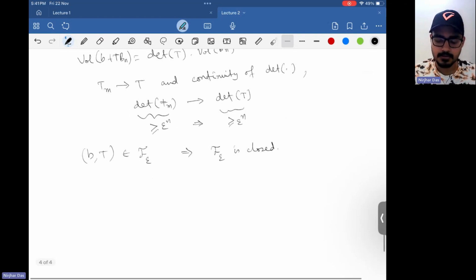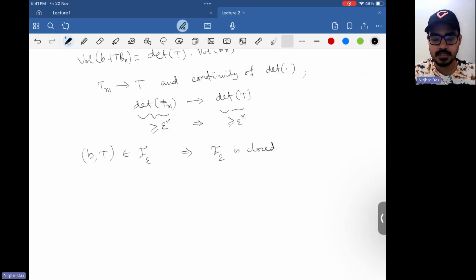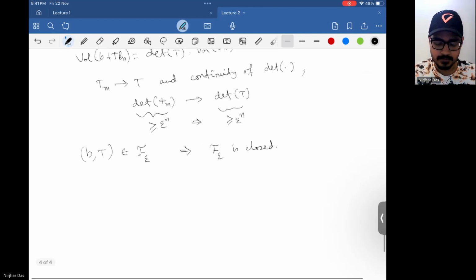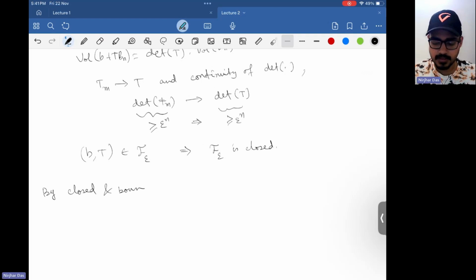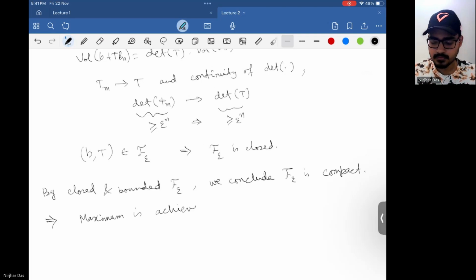So if F epsilon is closed, then we know that there is a maximum element in F epsilon. So by closed and bounded, we conclude F epsilon is compact. This therefore implies that the maximum is achieved in F epsilon.